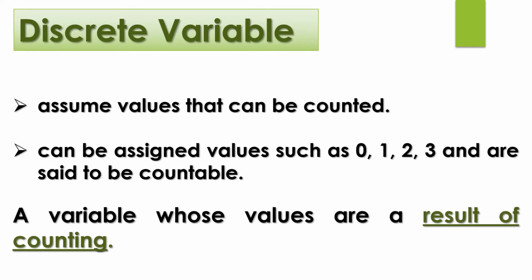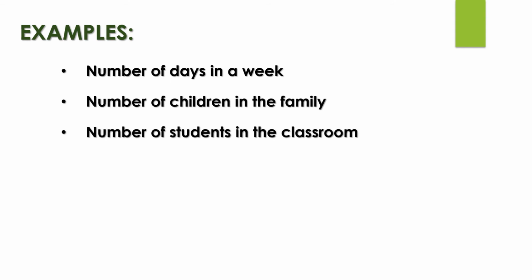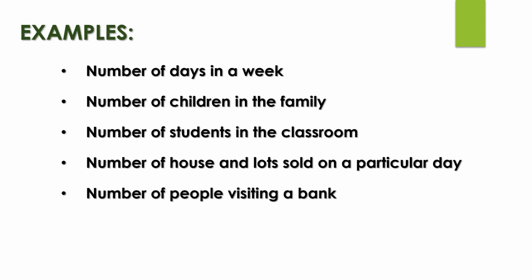Examples are the number of days in a week, the number of children in a family, the number of students in a classroom, the number of houses and lots sold in a particular day, the number of people visiting a bank, and the number of teachers in schools. Those are examples of discrete variables.